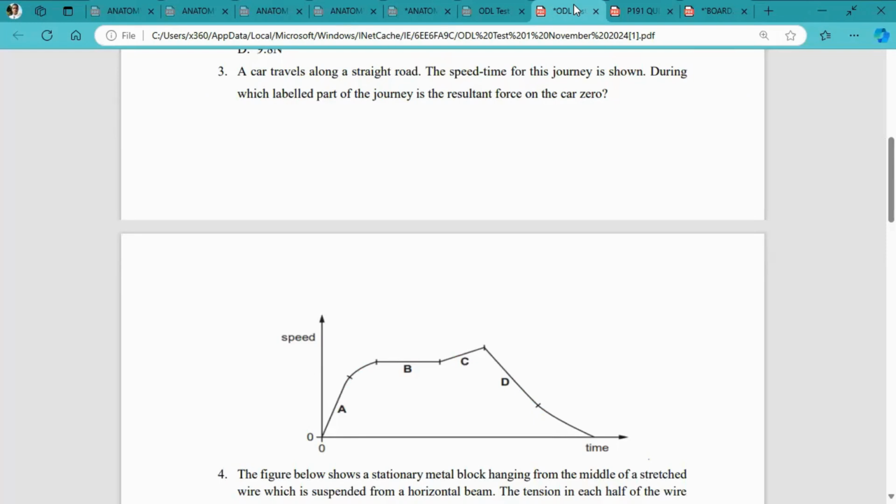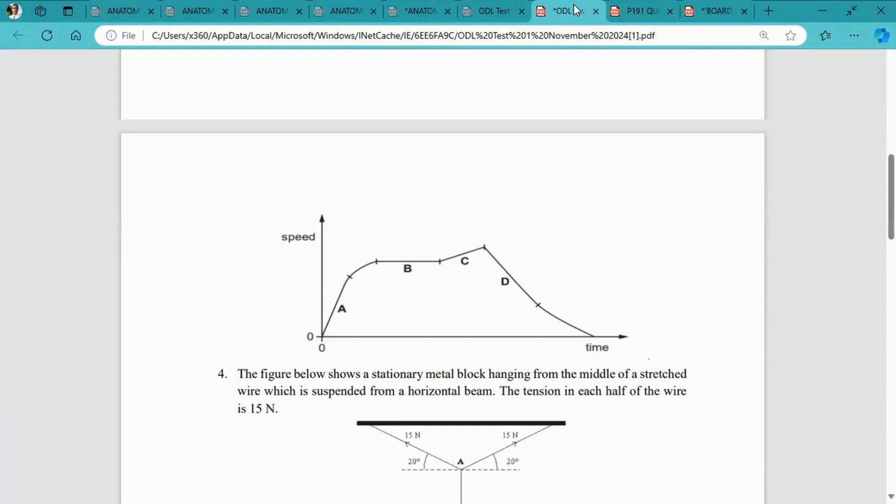The speed time graph for this journey is shown, during which labeled part of the journey is the resultant force on the car 0. So they want us to show them which part is having a resultant force equal to 0 on the car.